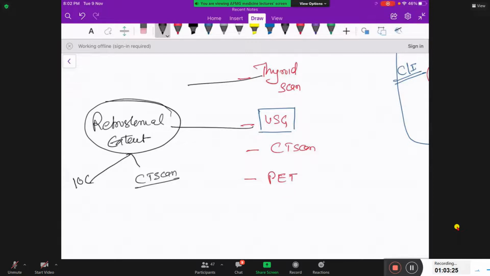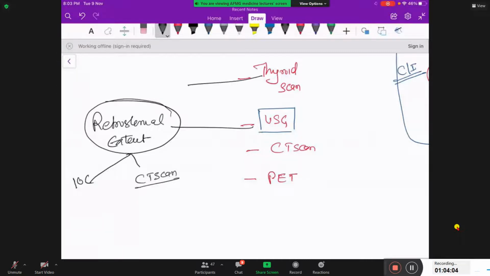Now, very important point, and this can be a question in exam. If a part of a thyroid gland goes into the mediastinum retrosternally, you all know that in the retrosternal region, behind the sternum, there are various vessels. If a gland gets enlarged and goes retrosternally, those vessels may get compressed, and there will be problems due to compression of those vessels.